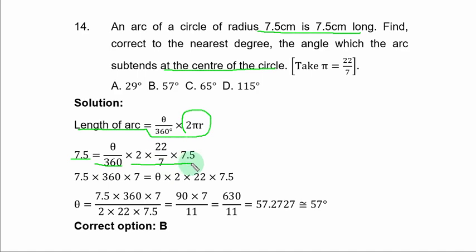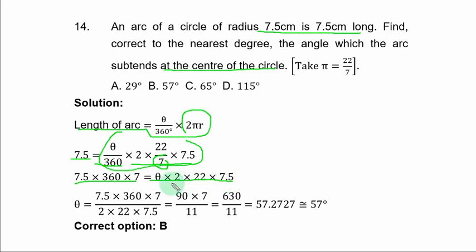Let's clear the fractions by multiplying through by 7. Everything here is over 1, so this 7 will simply multiply the left hand side. The same thing with 360. So you have 7.5 times 360 times 7, you've cleared the fractions, equal to theta times 2 times 22 times 7.5.